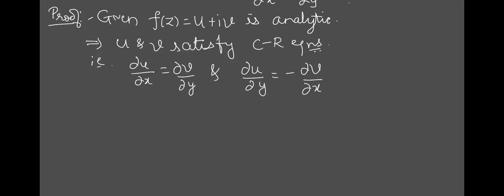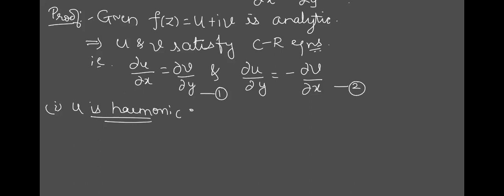Let me call this equation 1 and this equation 2. The first thing we'll prove is that u is harmonic. For any function to be harmonic, what have we just seen?